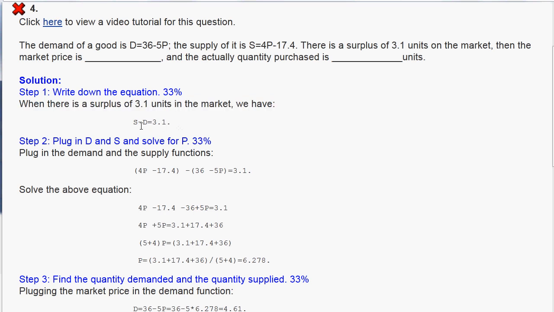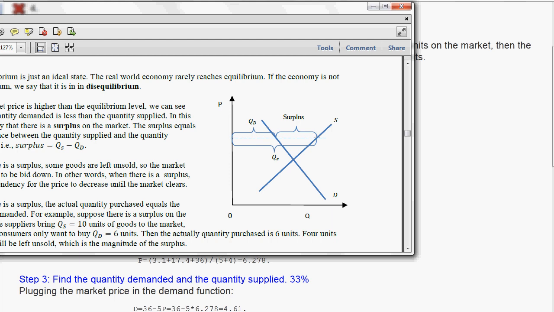Some students will write it the other way around, and that's wrong. Of course, there are other correct ways to write this. You can say S is equal to D plus 3.1, or S minus 3.1 equal to D. As long as you're describing what's going on, like in this picture, you're right.